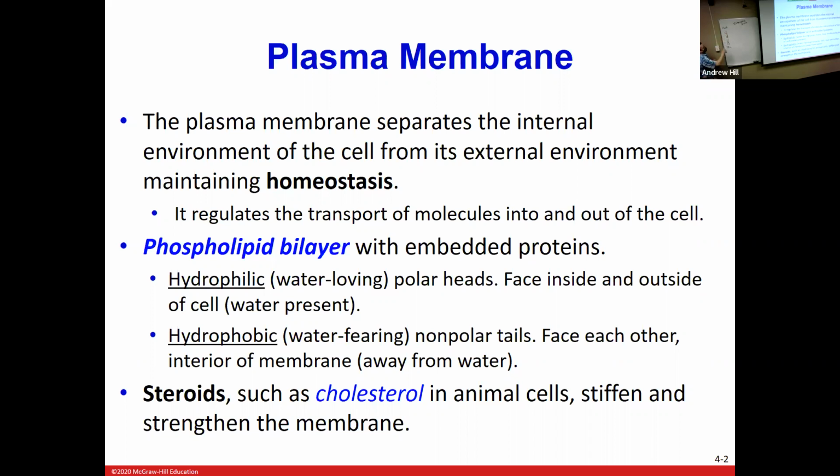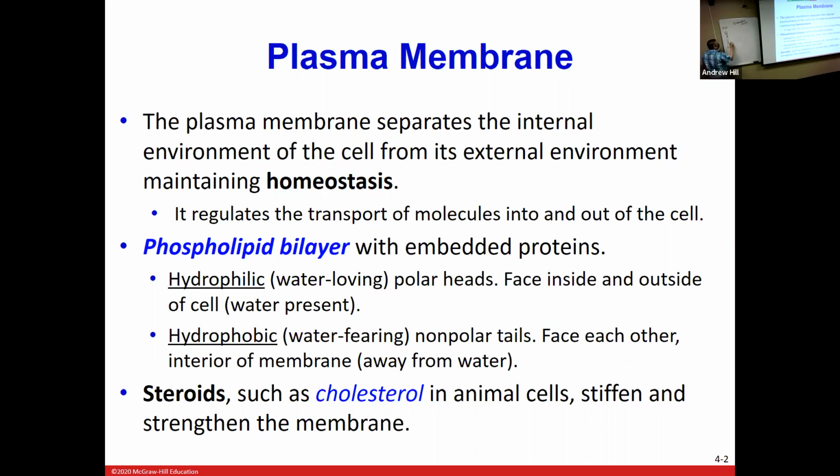Remember there's water inside and outside of your cells. So the polar regions of these molecules will always orient themselves towards the water. The non-polar region doesn't like water, it's hydrophobic, so it's oriented away from water.